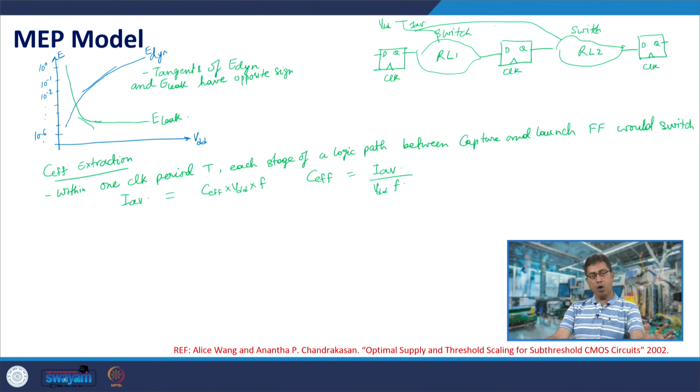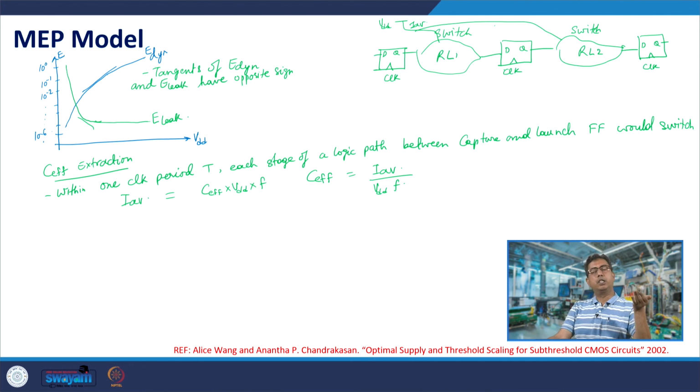Over a long period, for several cycles, you average out all the kinds of inputs that are coming. In that you get the effect of all the inputs that are coming. So, you measure the average current over the entire large number of cycles.